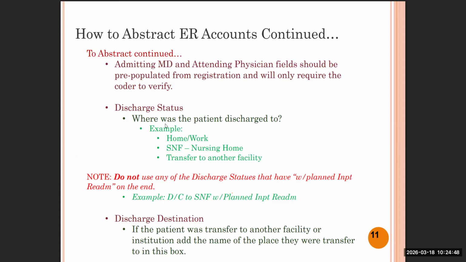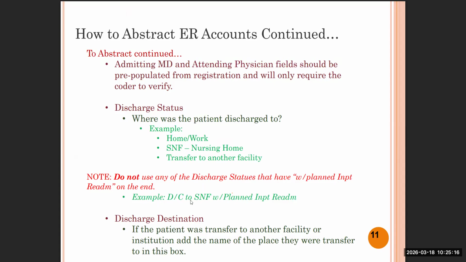Discharge status, where was the patient discharged to? For example, is it home, work, SNF, like a skilled nursing facility, nursing home, transfer to another facility. So we need to review and select as per the documentation. Note, do not use any discharge status that has planned or readmission on the end.